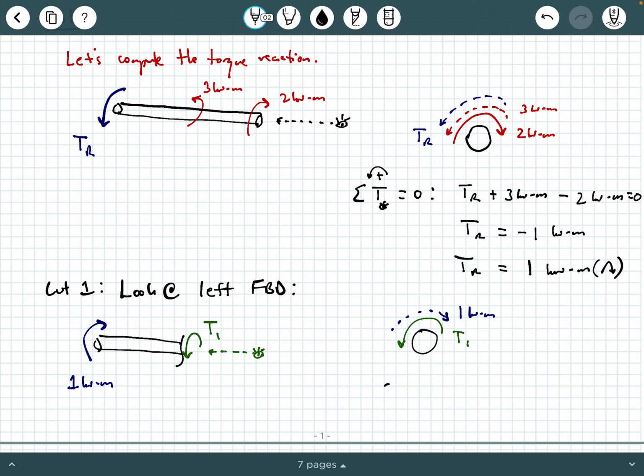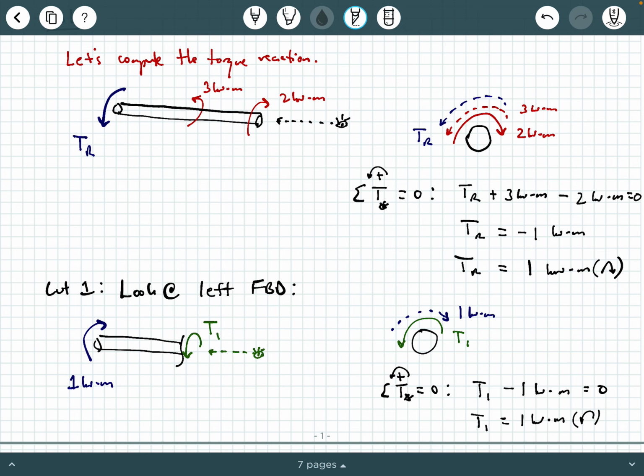And so I can say sum of the torques equals 0, counterclockwise positive, using this new little eyeball. And I'm going to have T1 minus 1 kilonewton meter equals 0, T1 equals 1 kilonewton meter, and that is going in the direction that was assumed in this green viewpoint.